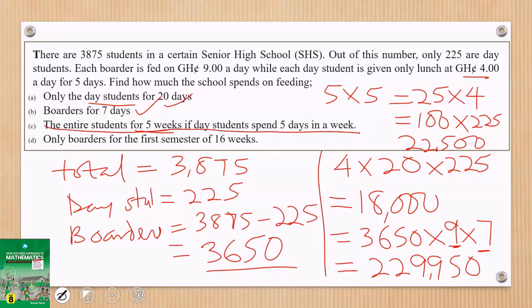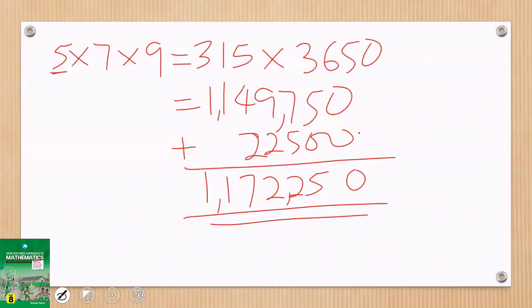Whoa, that's huge. So you see how place value is helping us to do addition and subtraction, and also quoting figures like that.